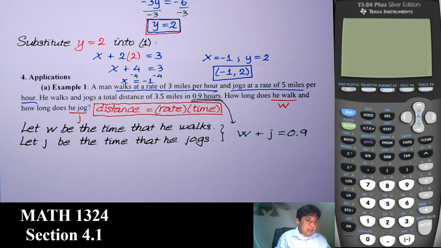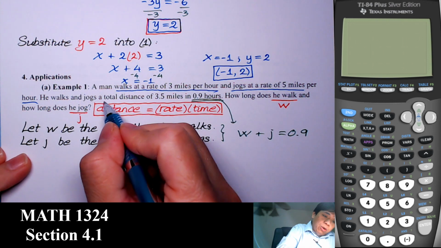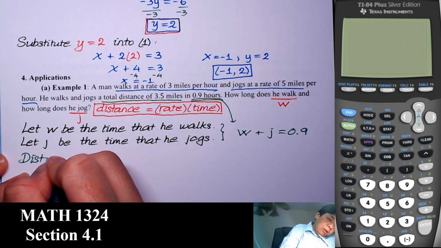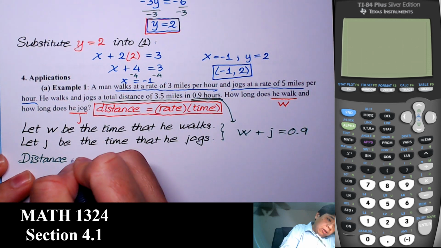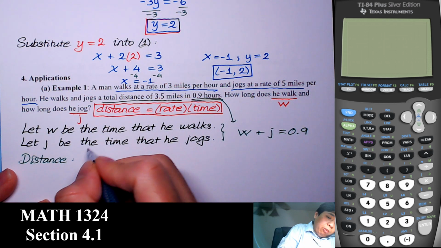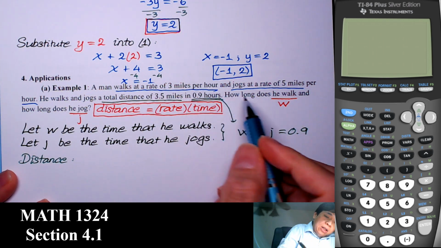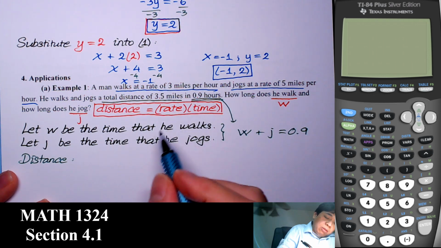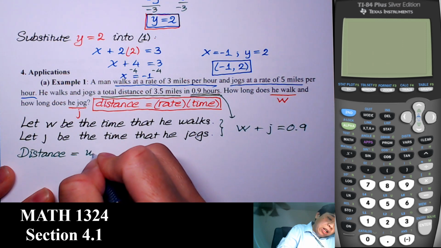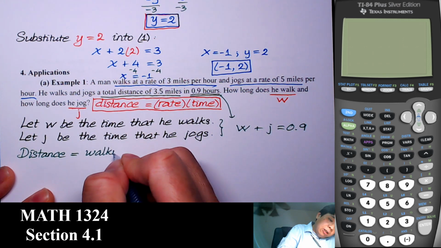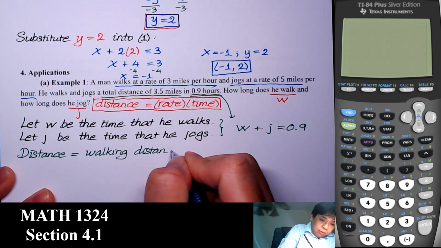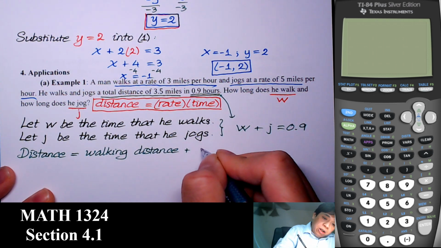Now, if we talk about distance, the total distance is 3.5. Distance is rate times time. So the distance is equal to the walking distance plus the jogging distance, the distance that he walked and the distance that he jogged.